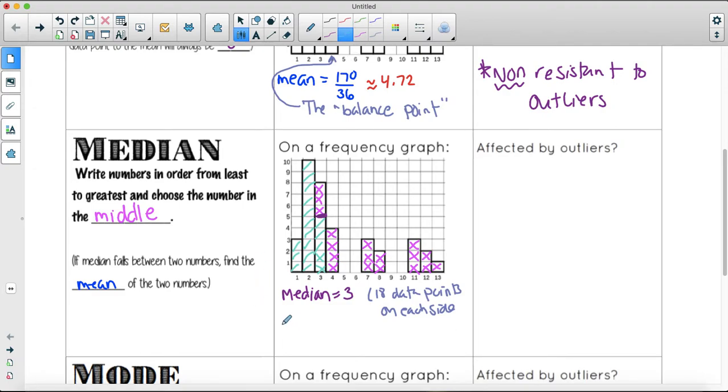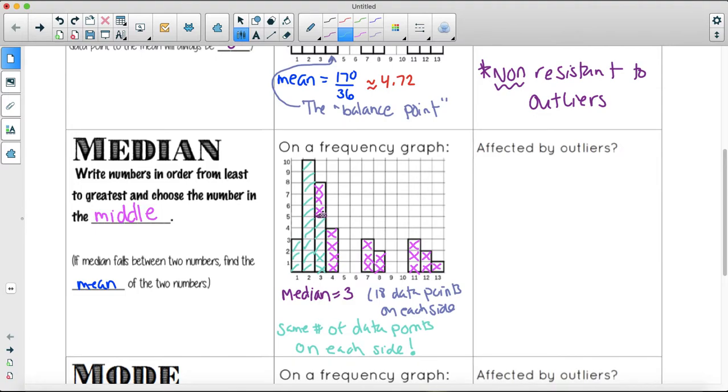We have the same number of data points on each side, which is what we need. Because we didn't have an exact number where they both met at, that tells us that 3 is still the median because it's in this section.